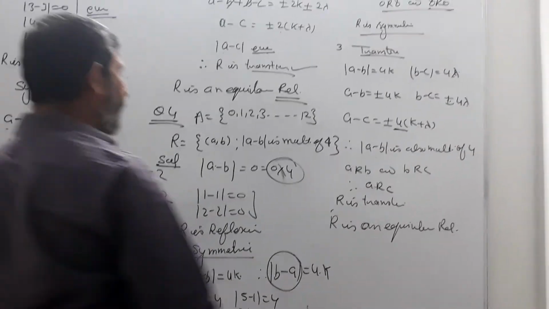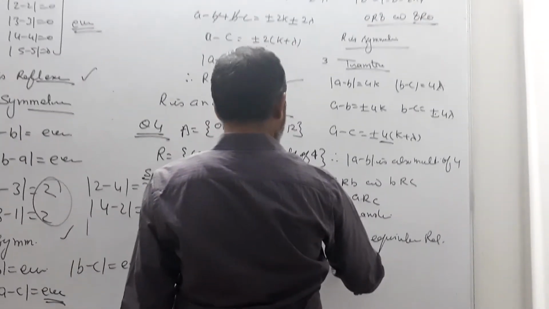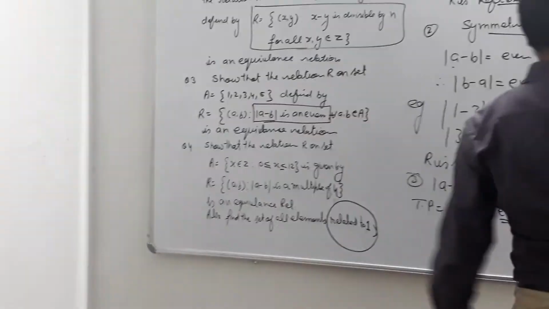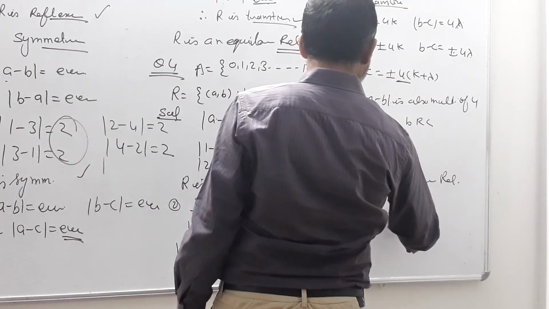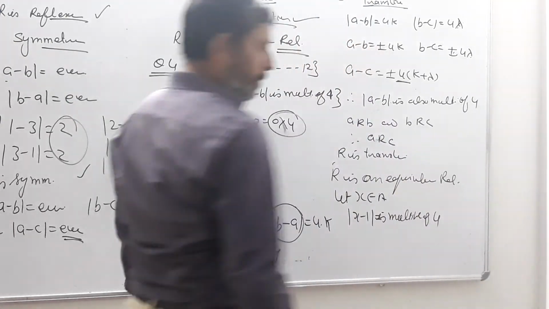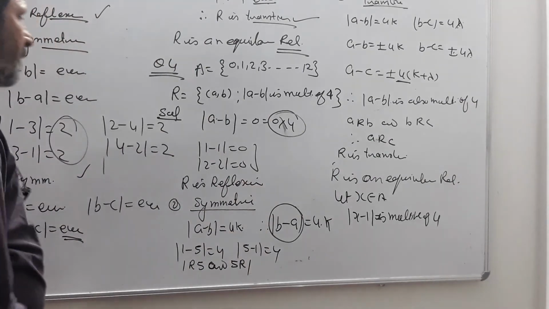Let me suppose that X belongs to the given set, and according to the condition, X minus 1 is a multiple of 4.